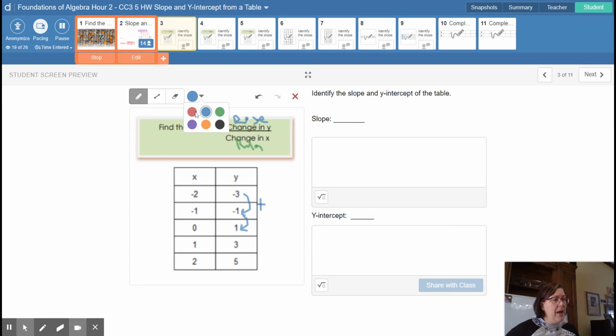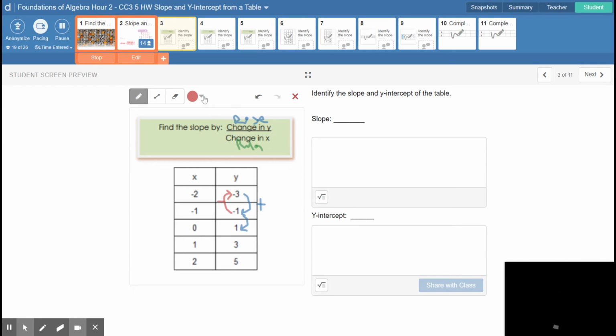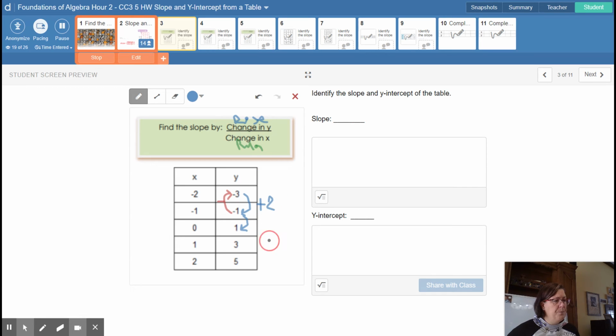So I can do -1 minus -3 to check my math. -1 minus -3 equals 2. So then I can say to myself, all right, that must mean it increases by 2.